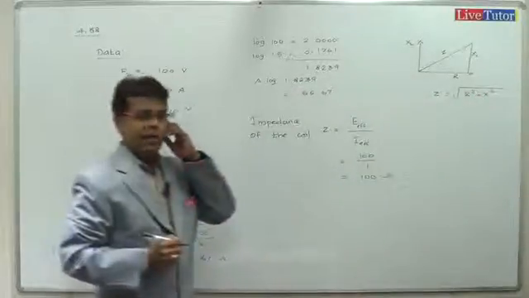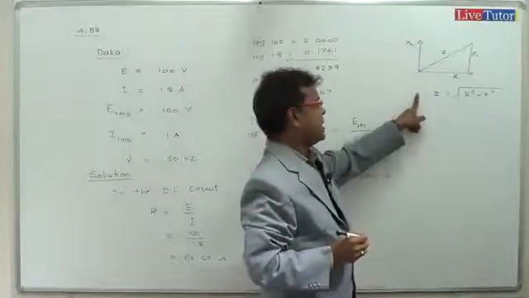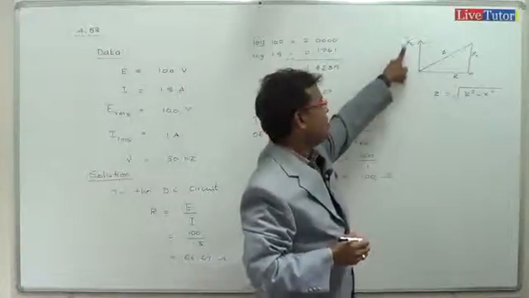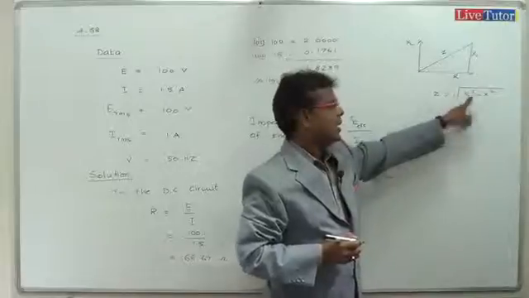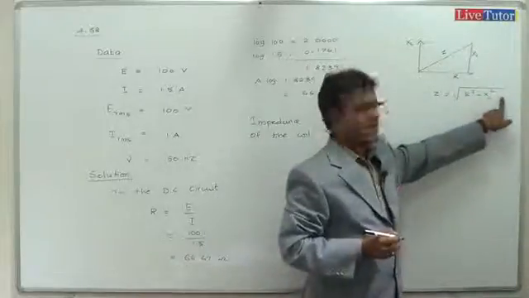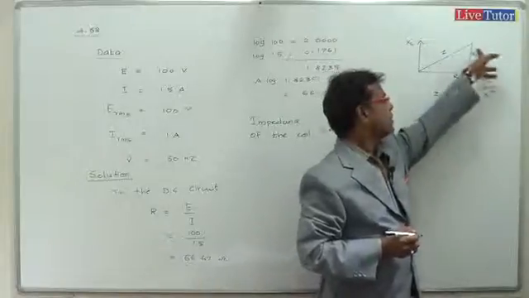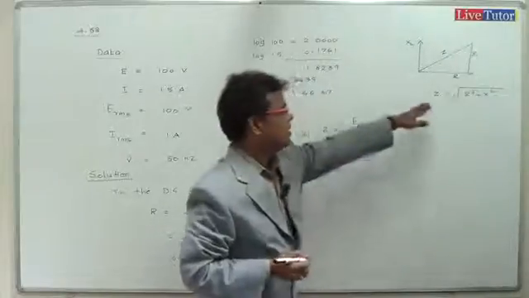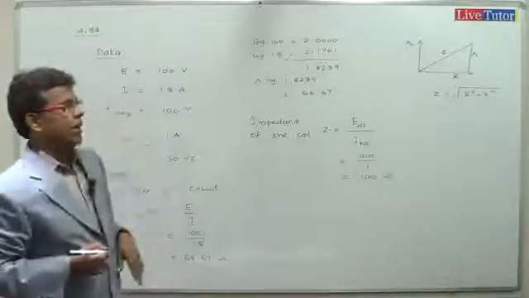Remember that. I am omitting the value of XC, since we are talking about only inductance and resistance. If it has got a capacitor, it will have XL minus XC whole square. This value will become XL minus XC. So since only two are there, we are taking this formula.